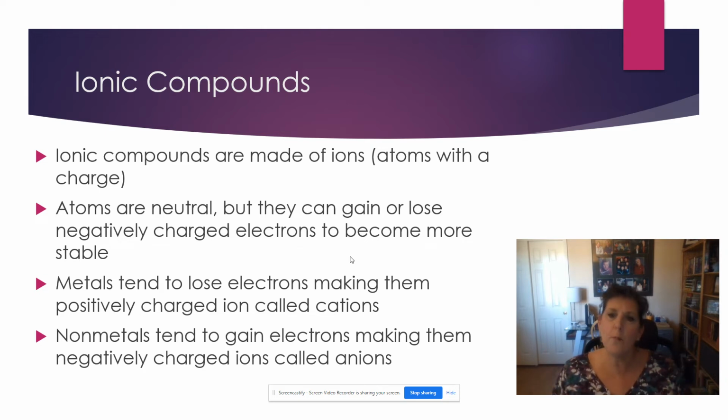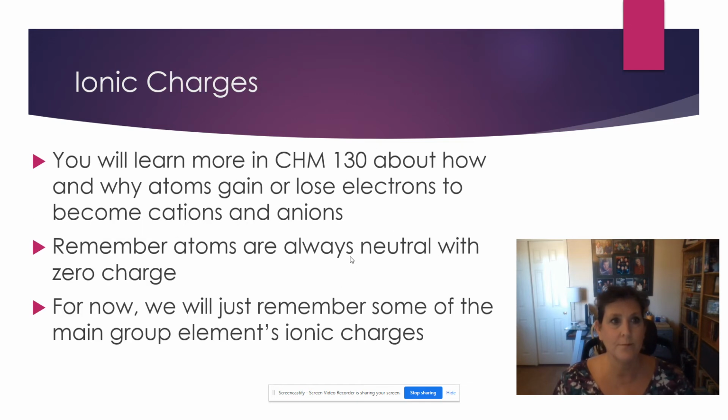So again, the important thing to remember here is that ions are when the atom has a charge, like +1, -2, +3, something like that. So ionic charges. We're going to learn, again, more in Chem 130 about how and why these atoms gain and lose electrons and become cations and anions.